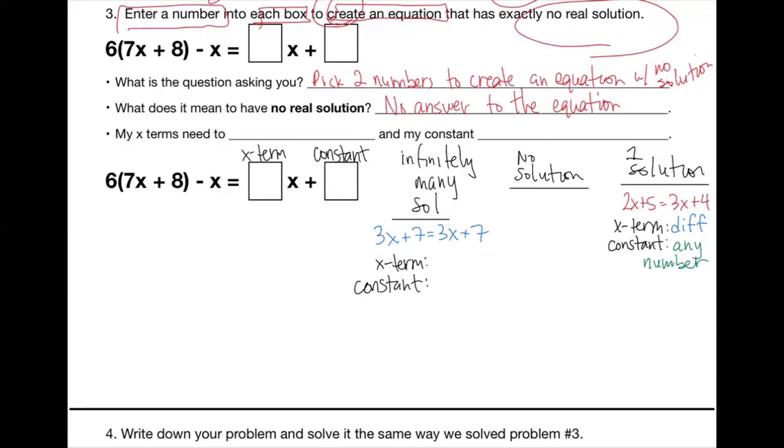So if we look at our x terms here, what do we notice about our x terms and infinitely many solutions? In order to create an equation, the x terms need to be the same. 3x and 3x, they need to be the same. And what about our constants? If we look at our constants, they need to be 7 and 7. They also need to be the same.